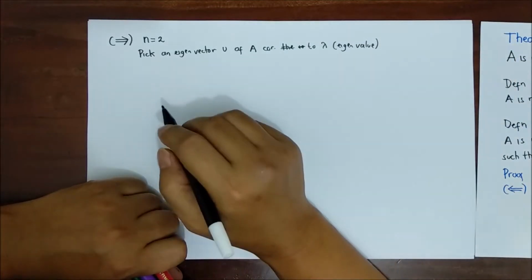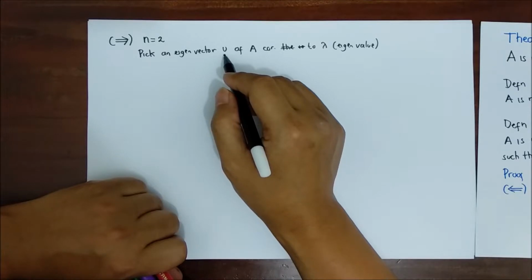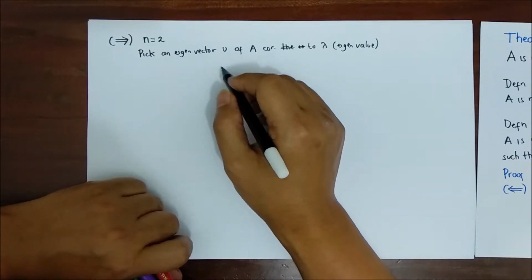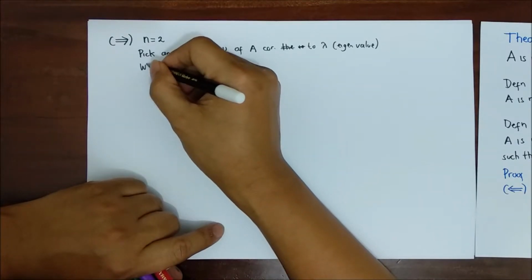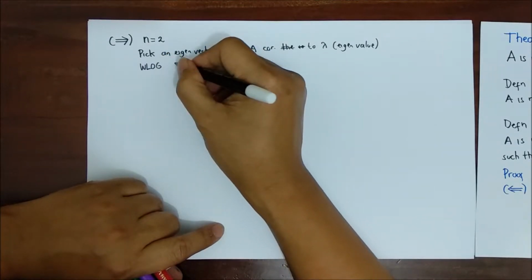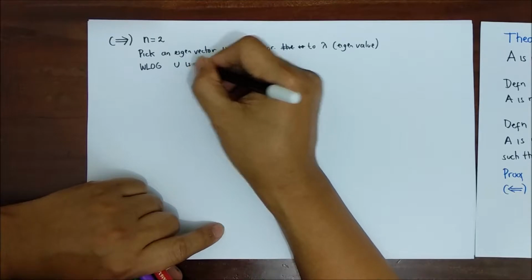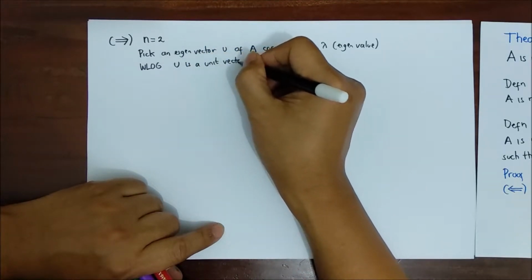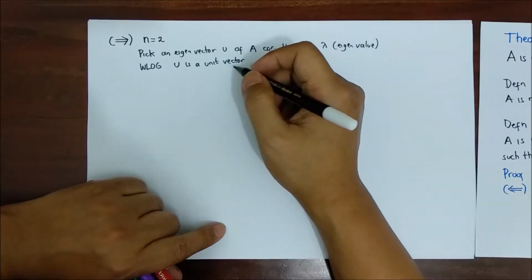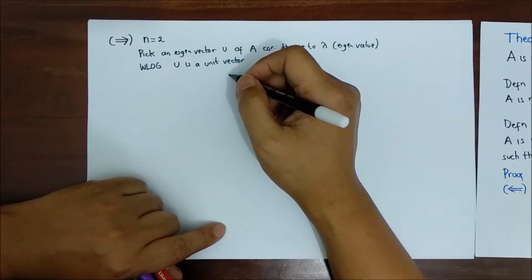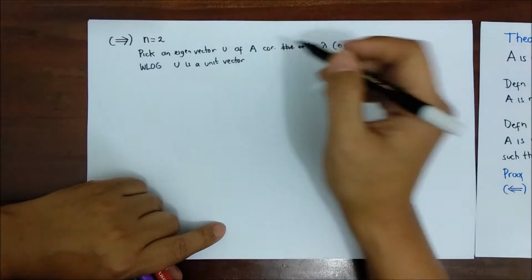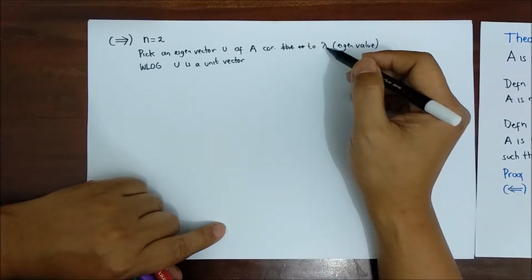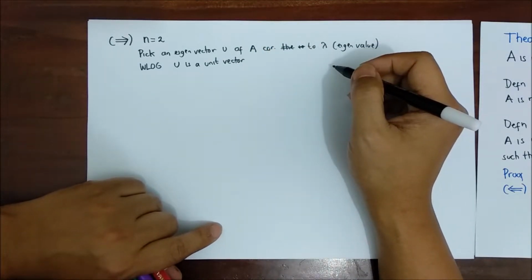And then we can assume that this u is a unit vector, without loss of generality. What I'm trying to say is that we can find a unit vector u having lambda as its eigenvalue.